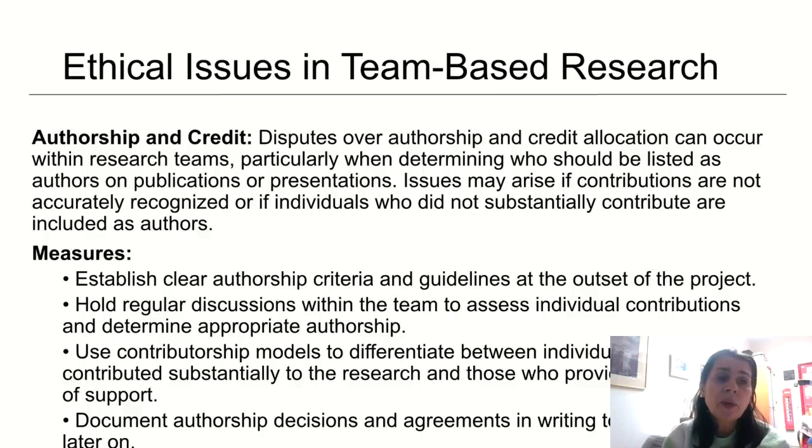When we talk about authorship and credit, disputes over authorship and credit allocation might occur. That's actually a pretty common issue that someone might incur during a research career. So it's very important to have a clear understanding and agreements at the beginning of the project.